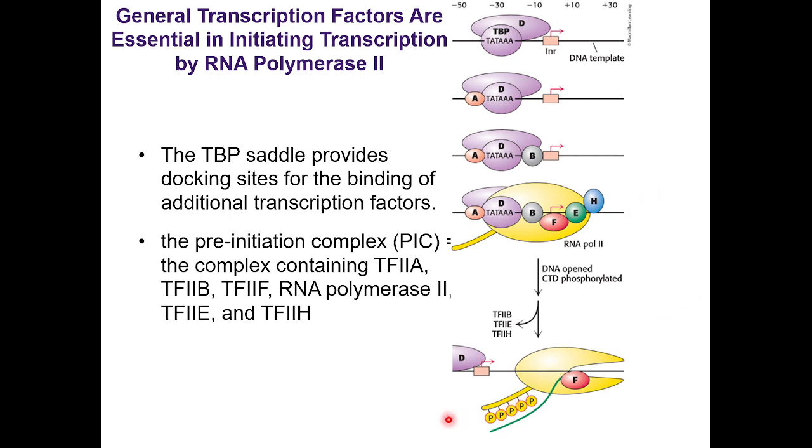Why does it have this string of stuff coming off it? Phosphates on it. What does it have to take in to be able to do this process? NTPs, right? And then this is your string coming out.